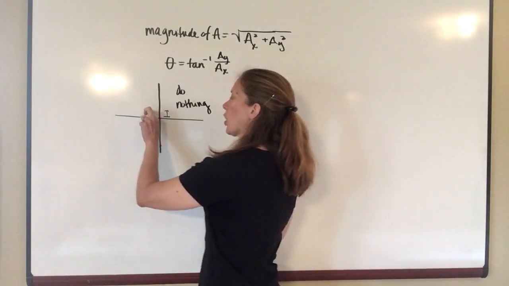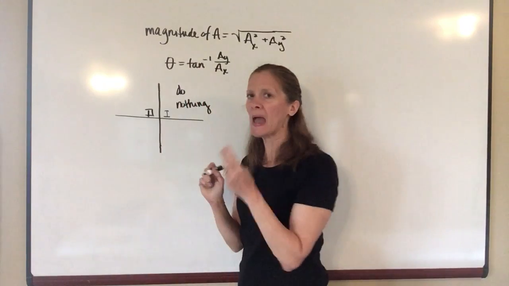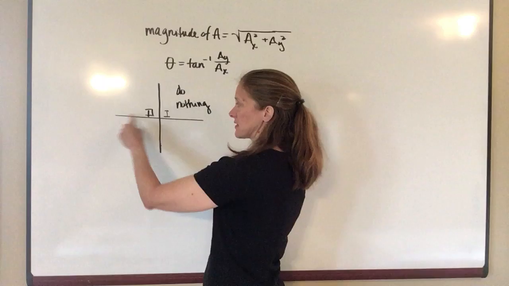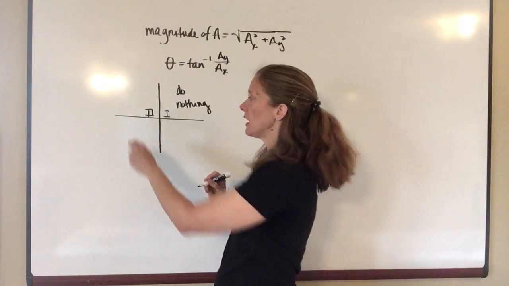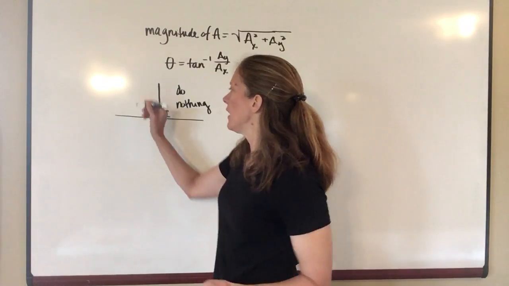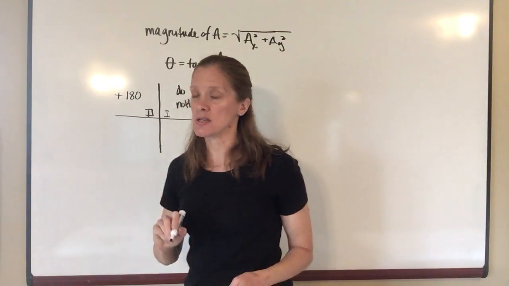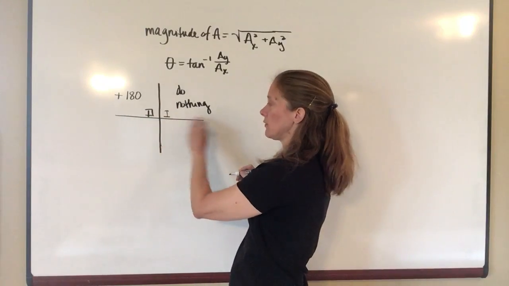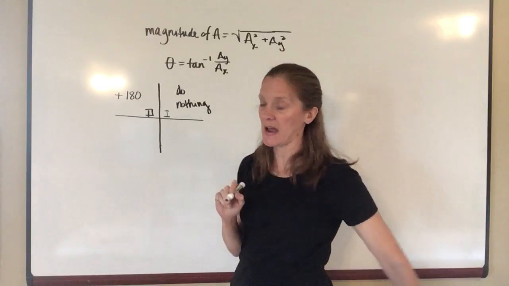If the vector is over here, though, in the second quadrant, your calculator is going to give you the angle from the negative x-axis and not the positive x-axis. So if you see that the vector actually is up in this direction, then you're going to have to add 180 degrees to the answer so that you get that answer within the range that we want it to be in according to the positive x-axis.